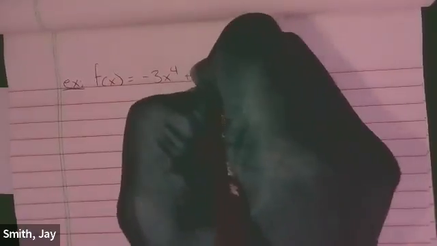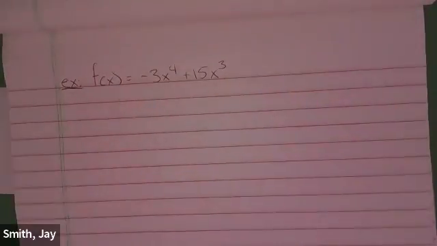All right, so we're given the function f of x, which is equal to -3x to the fourth plus 15x cubed minus 50x plus 25.